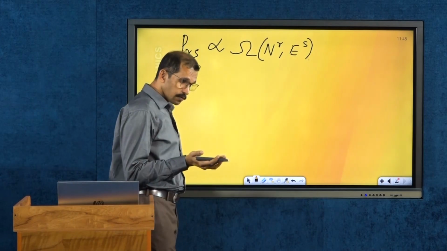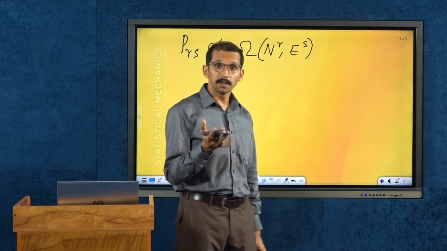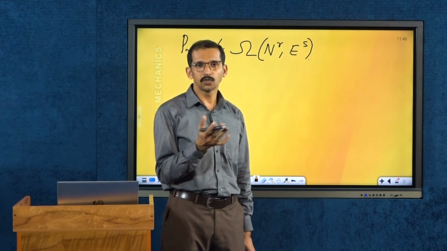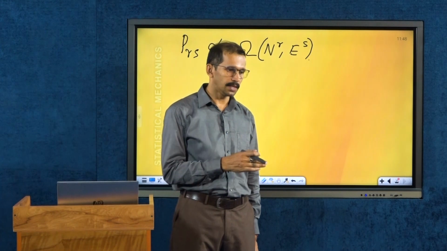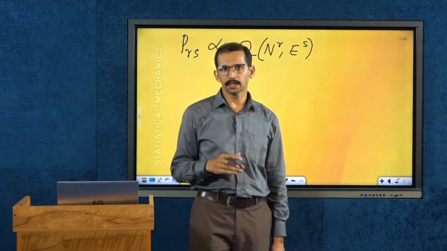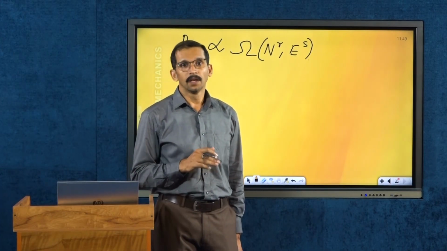And there in the case of canonical ensemble, similar to those situations, we have to invoke some kind of an argument. In that episode I have detailed on that, is what I remember.